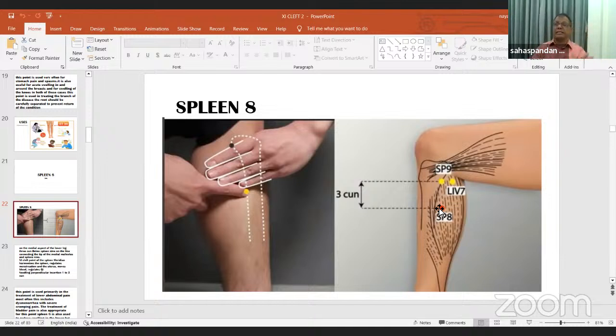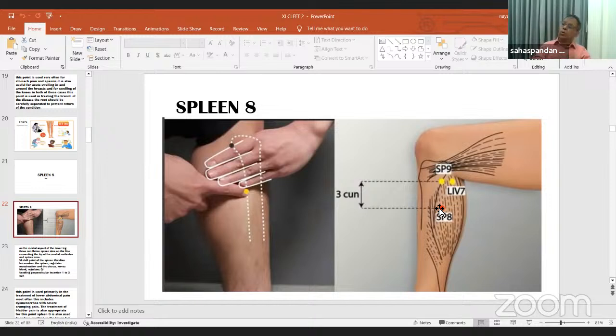regulates menstruation. This point regulates menstruation and the uterus, and moves blood. This point has the capability to move the blood and regulate the chi.